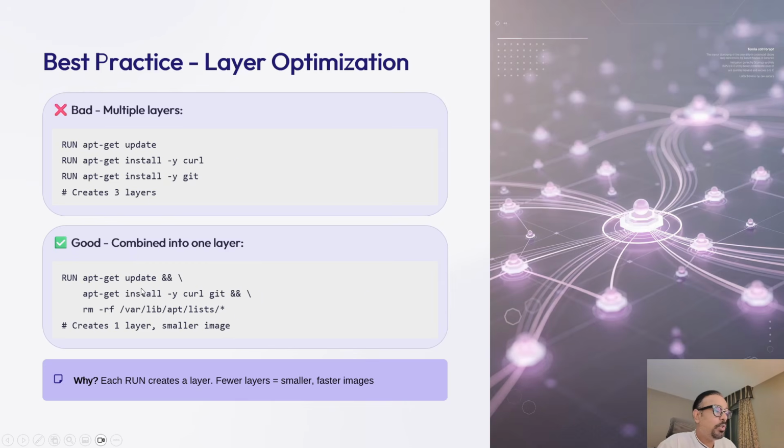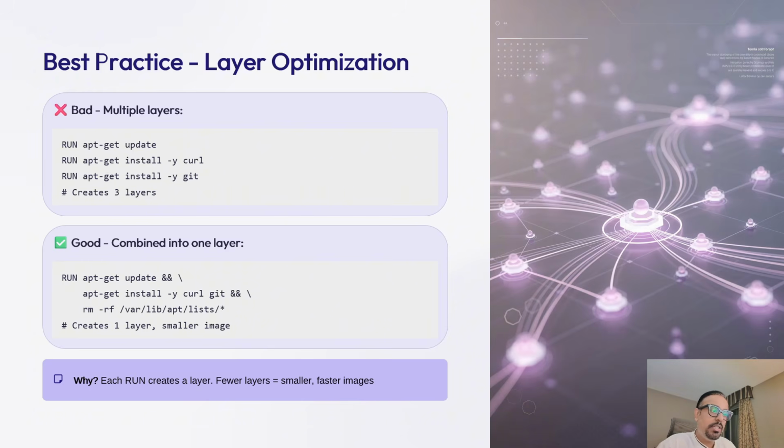So now we come to the good example, which combines all the commands into a single run instruction using && to chain them, and the backslash to split the commands across multiple lines for your readability. This just creates one layer. Notice we have also added rm -rf and the path provided over here along with the wildcard.